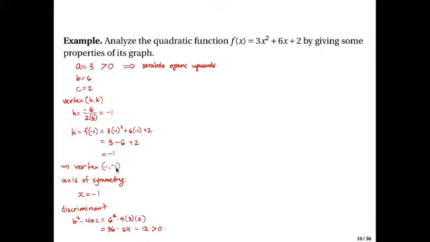Particularly, the y-coordinate of the vertex is negative 1. It's below the x-axis. But a is positive, so opening upwards, it really will cross the x-axis twice. So our computations here are consistent.